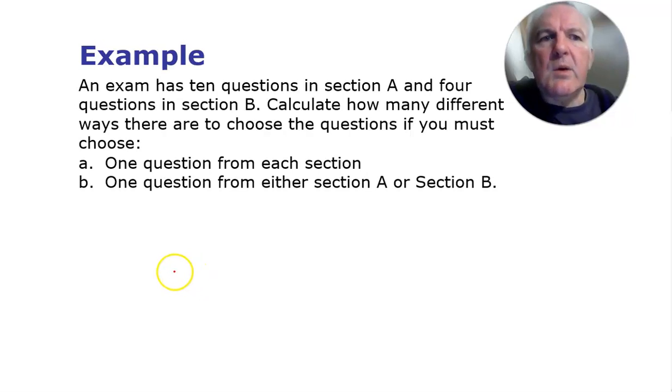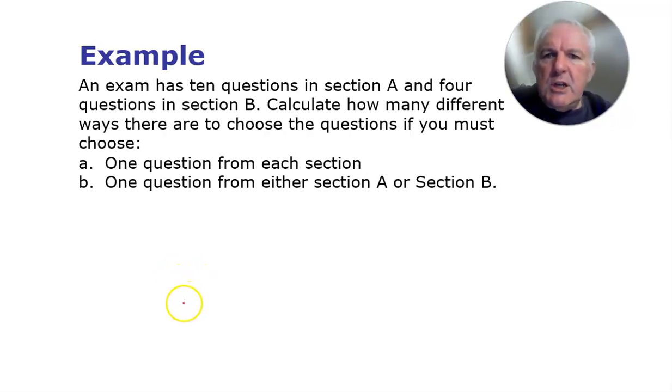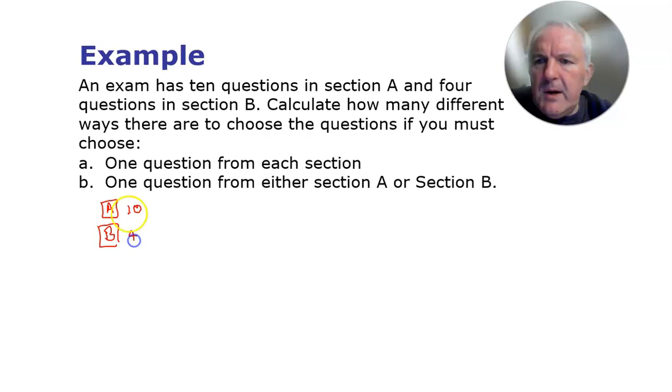And the exam has 10 questions in section A and 4 questions in section B. Okay, so we've got section A, and there are 10 there. And then we've got section B, and there are, what did it say, 4? So part A says you've got to calculate how many different ways there are to choose the questions if you must choose one question from each section.